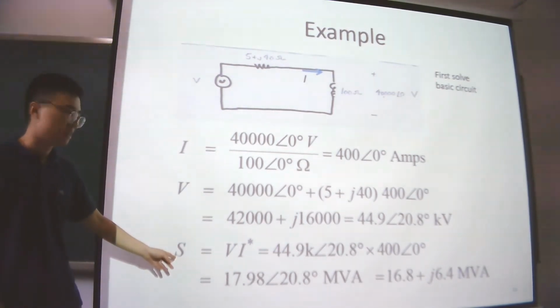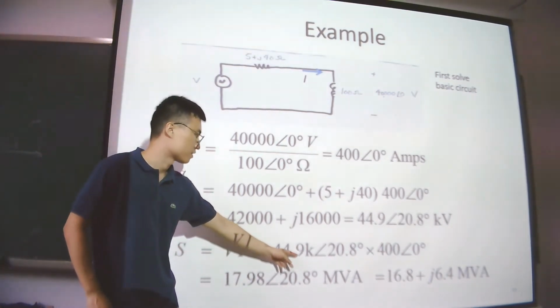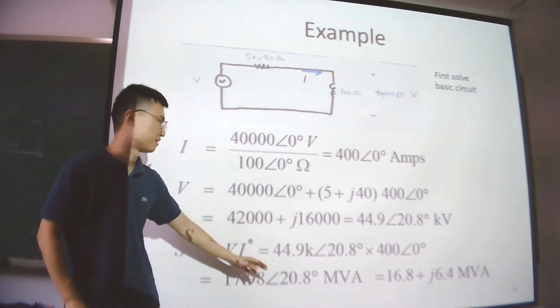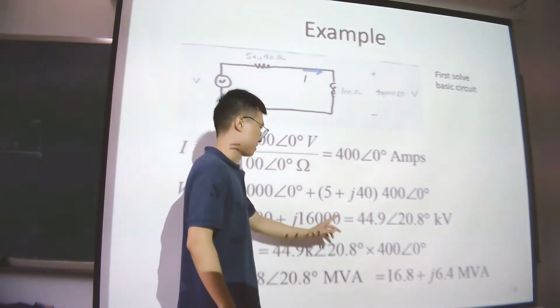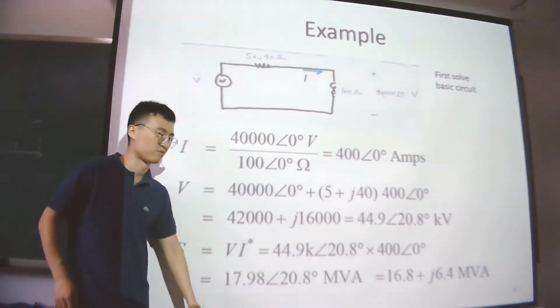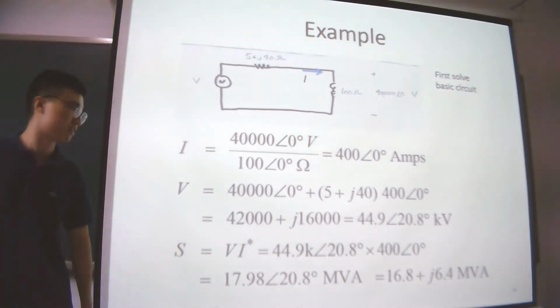So the complex power is 44.9 kilo. Do not forget the 1000, okay? Multiply by 1000, and you make this. This is megawatt, right? Megawatt.